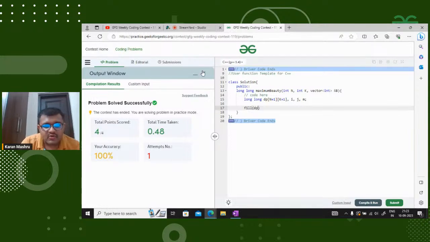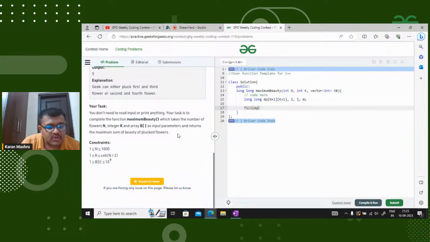Here the value of k cannot go more than 500, right? So let me take this as 501. Actually n is 1000, so okay, let us take 501. Fill this table, considering the first n elements, and we want to fill k number of elements, right?